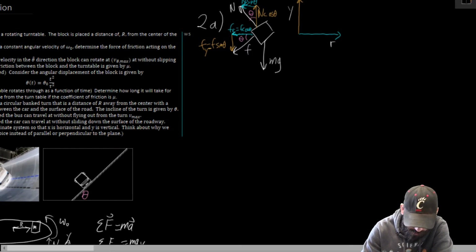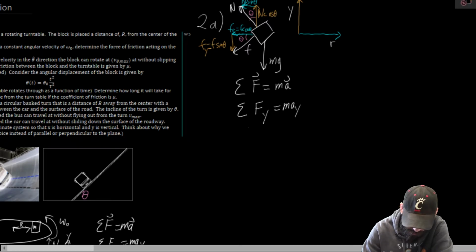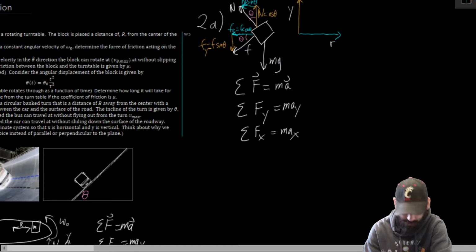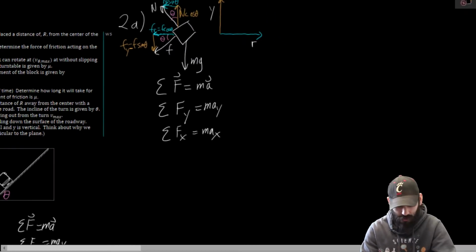And so now we're ready to write our Newton's second law equations. In general, the sum of forces is equal to the mass times acceleration. Here we have the sum of forces in the y direction is equal to m a_y, and the sum of forces in the x direction is equal to m a_x. Now, when we're looking at the sum of forces in the y direction, this doesn't accelerate at all in the y direction.